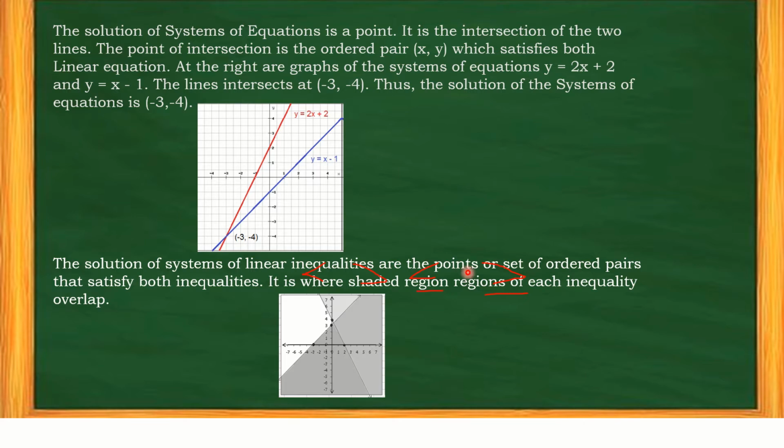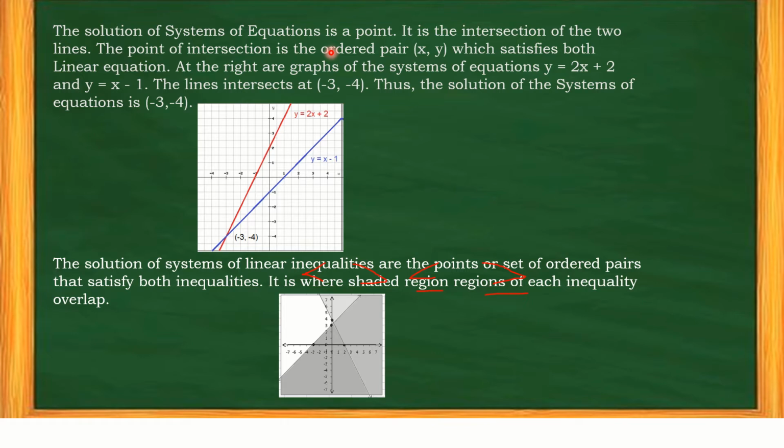Since we're going to tackle the solution of systems of inequalities, let us first recall the solution of systems of equations. In the first quarter, we had the solution of systems of equations. It is the intersection of the two lines.